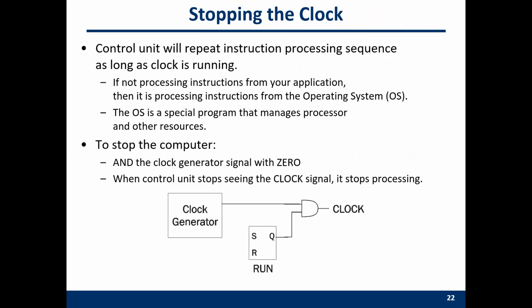So the control unit will repeat the instruction processing sequence as long as the clock is running. If not processing instructions from your application, then it will process the instruction from the operating system, which means you have a context switch.